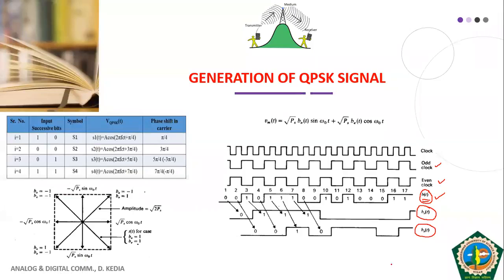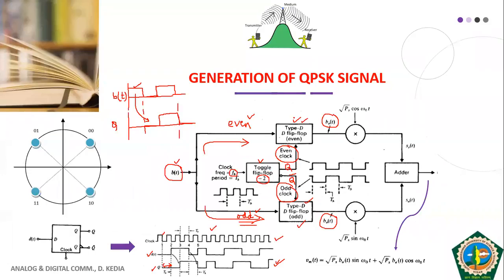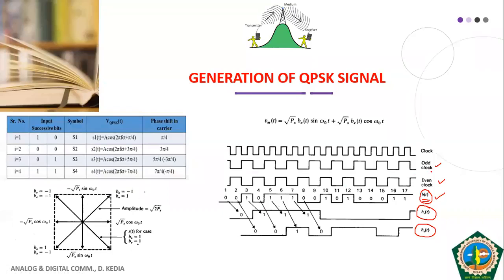How does it happen? Now you see, as I told you, both these D flip-flops will work on the negative going edge. Okay, so for the odd flip-flop, these are my negative going edges. This one, then this one, then this one, then this one.